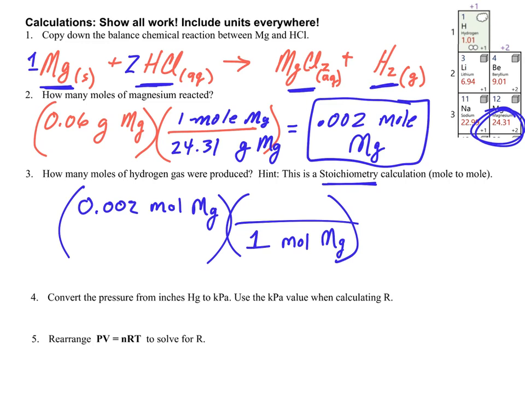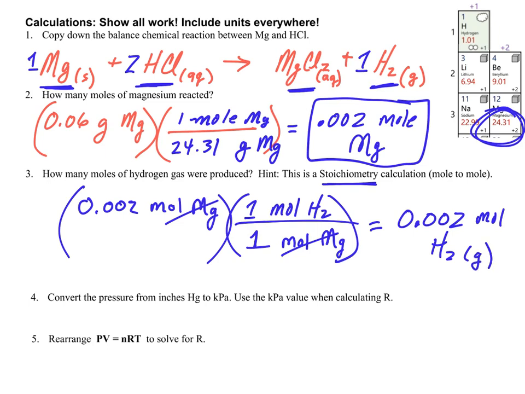And the moles of hydrogen gas is also a 1, because there's an implied 1 in front of the H2. So for every mole of magnesium that I consume, I'm going to make 1 mole of hydrogen gas. So in this case, I should produce 0.002 moles of hydrogen gas.